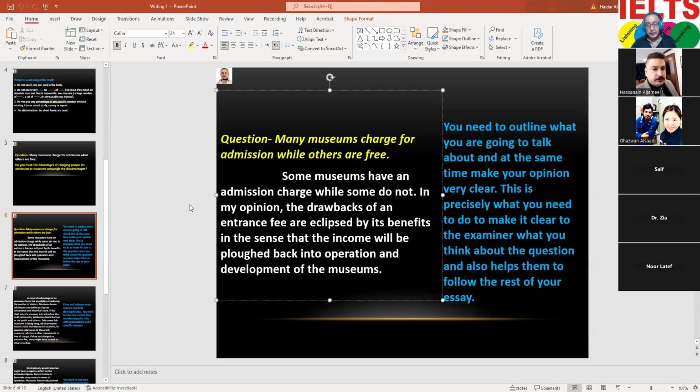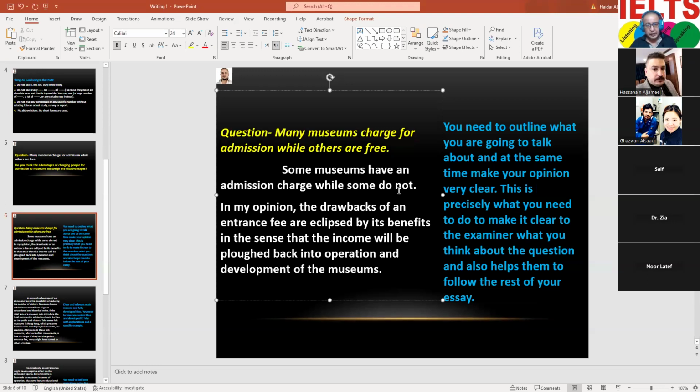Before explaining how to start the body, there is a very important point here. Look at here, for example. If you start a new line and there is a space for some word, that means you are starting a new paragraph. You will be deducted for that.